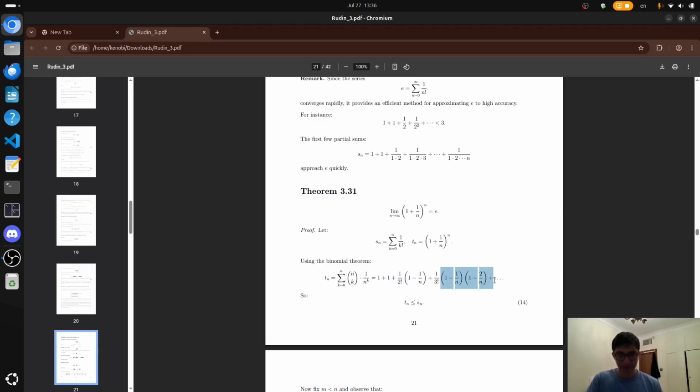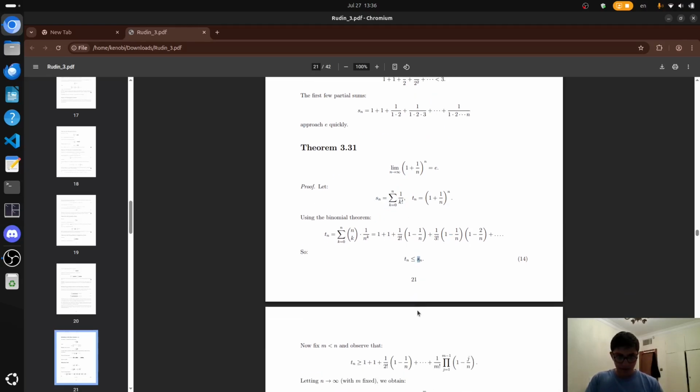And these things are always less than 1. So this is going to end up being less than the partial sum of e. So that means the lim sup of Tn is going to be less than e, because we're taking the maximum limit. It's going to be less than e.